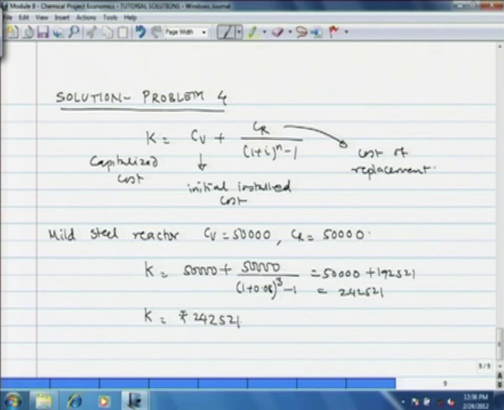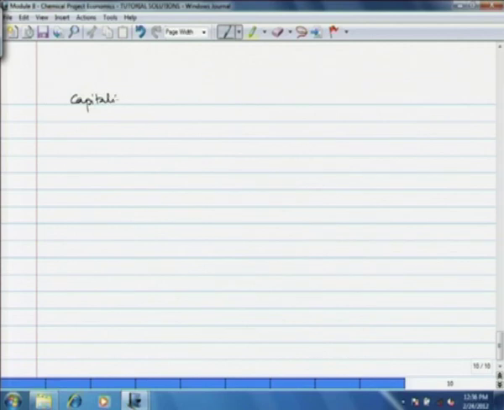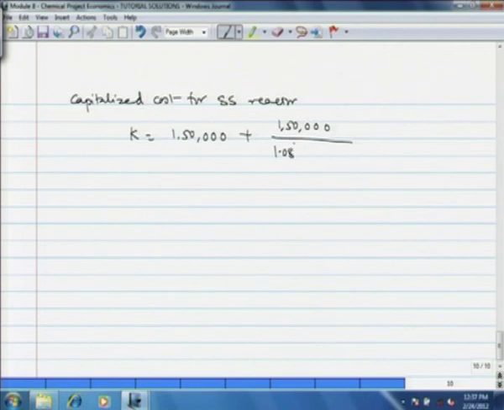Now, let us see the capitalized cost for the stainless steel reactor. K is 1,50,000, that is initial installed cost plus the cost of replacement, which is same, divided by 1.08 raised to n minus 1.